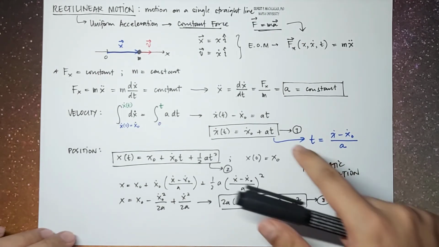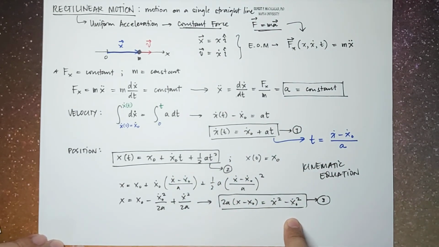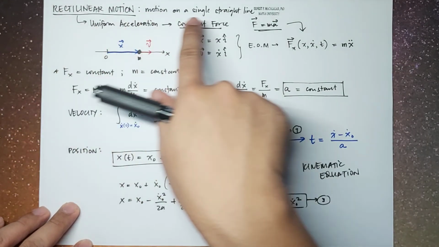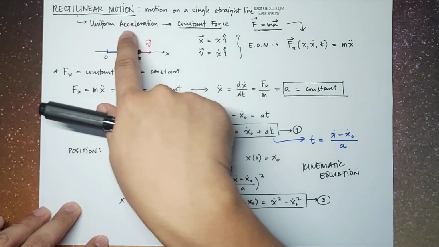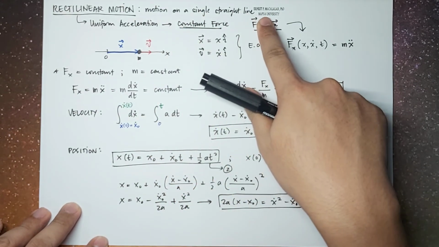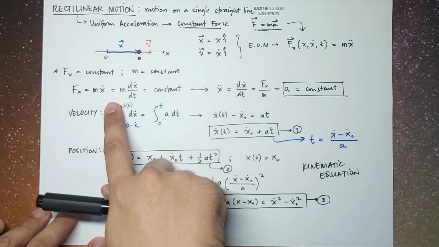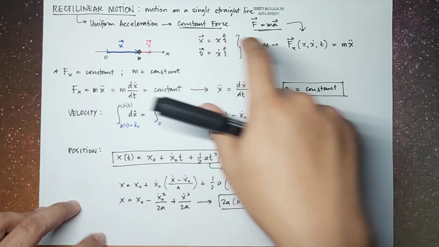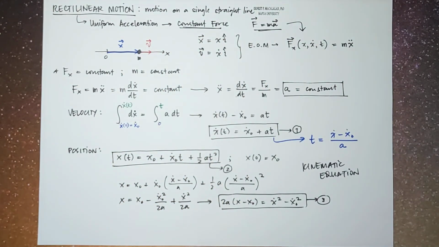And these three equations stem from the fact that the particle is moving in a single straight line, and it's undergoing uniform acceleration caused by a constant force. So that's it. That's your rectilinear motion.